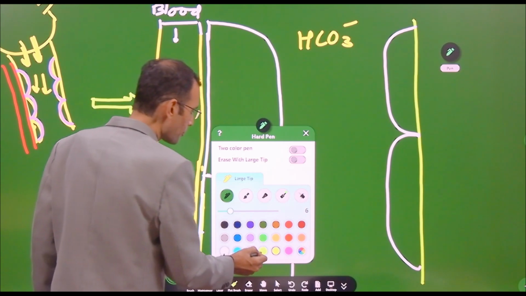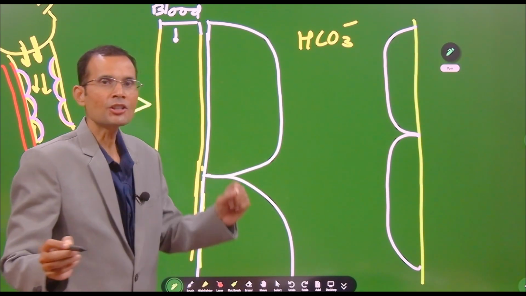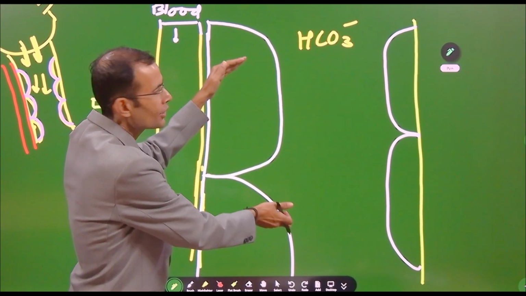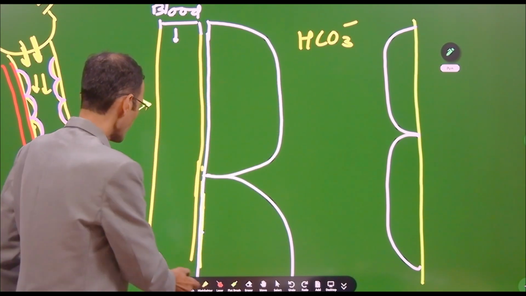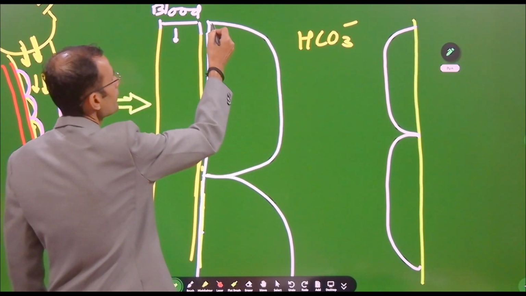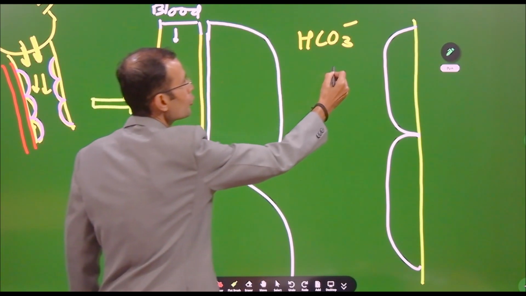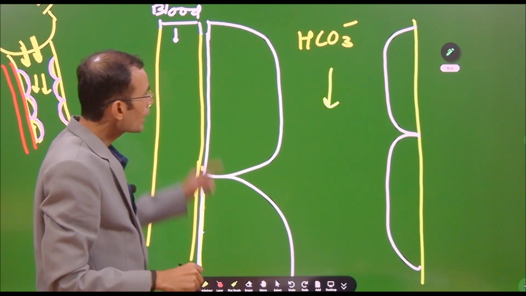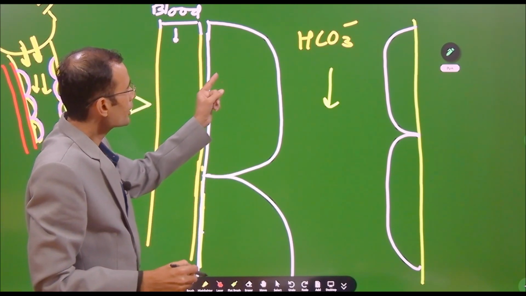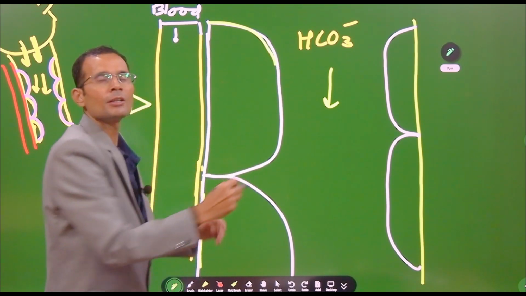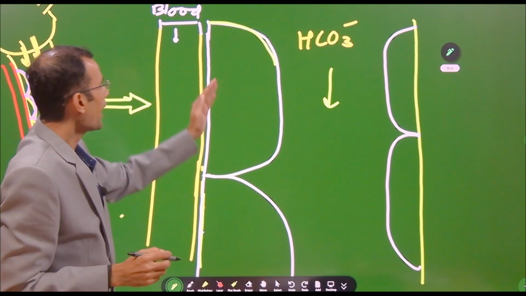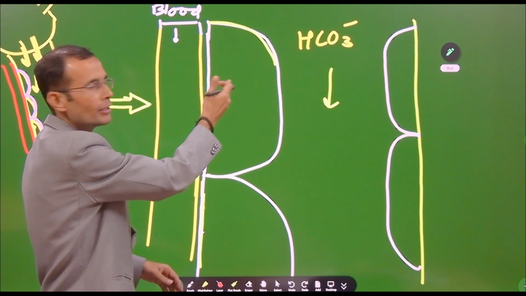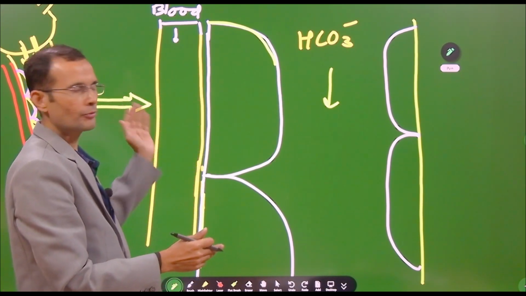How does that happen? The first step is secretion of H plus in the same segment. This is the initial segment of the PCT. So here, these are the lining cells that you can see: the lumen, the lining cells, and then the blood vessel. The lining cell, of course, has the apical membrane and the basolateral membrane. Apical membrane facing the lumen, basolateral side facing the interstitium and the blood vessel.